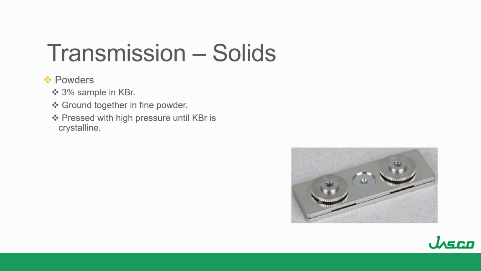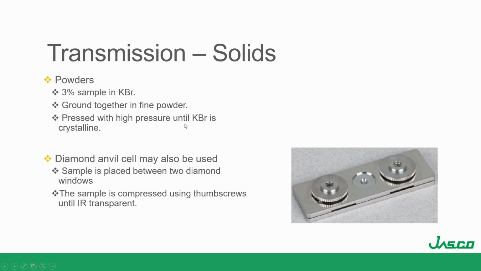So it takes a decent amount of effort to create these KBr pellets. Another technique you can use is a diamond anvil cell, where the sample is placed between two diamond windows. So this is a diamond anvil cell here. And then you use these thumb screws to compress the sample until it's IR transparent.